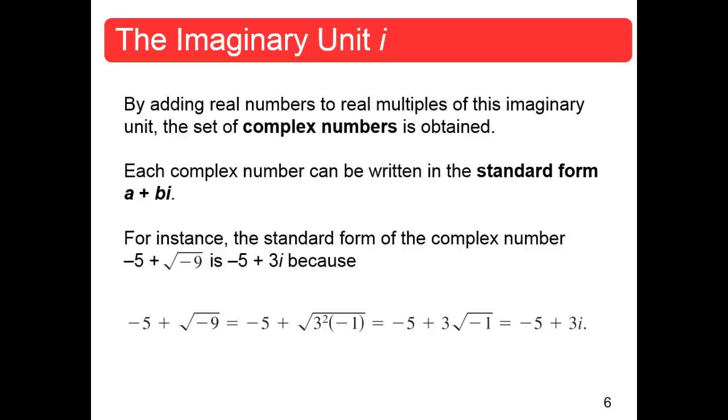Okay. By adding real numbers to real multiples of this imaginary unit, we get the set of complex numbers. Okay? And I think I went through this last time, didn't I? You started with what kind of numbers? The counting numbers or natural numbers. Those are the first ones you ever ran into, because that's what you did. You counted.